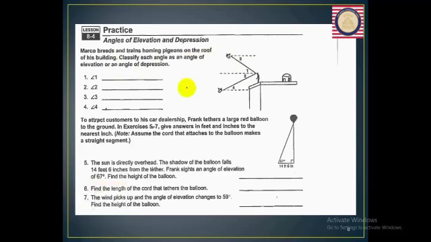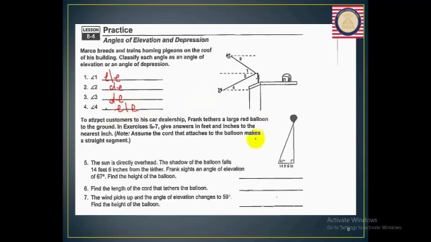Marco is looking upward to the bird, so angle 1 is elevation. Angle 2, he's looking down, it's depression. Angle 3, the bird is looking down, so it's depression. Angle 4 is elevation.